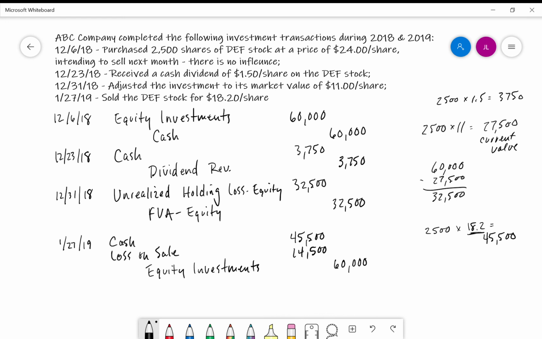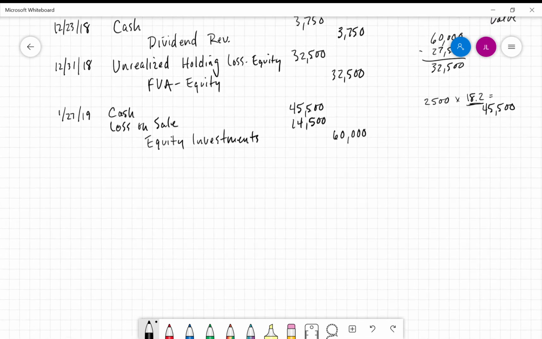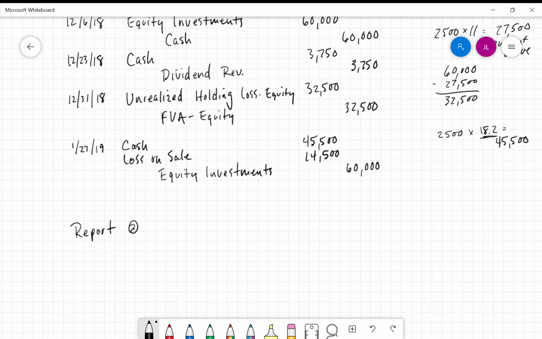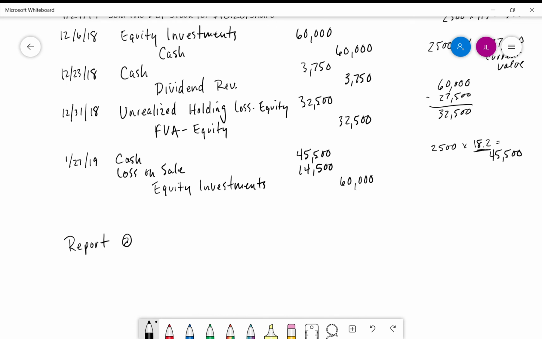There's another part of this, which is if we're looking at this at the end of the year when we prepare a balance sheet, how are we going to classify this, and what value would it be reported at? So basically, we're going to report this at the value at the end of the year. Remember, we had this unrealized holding loss, and we saw that that was the value.